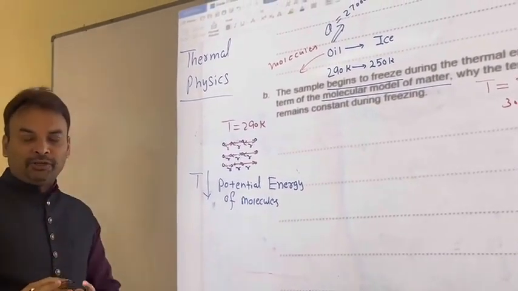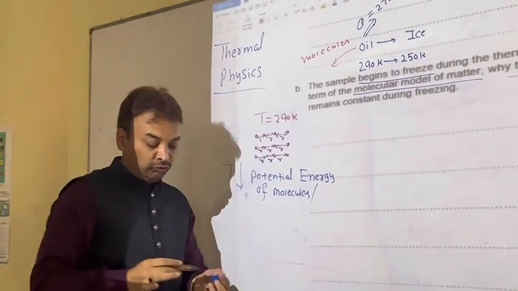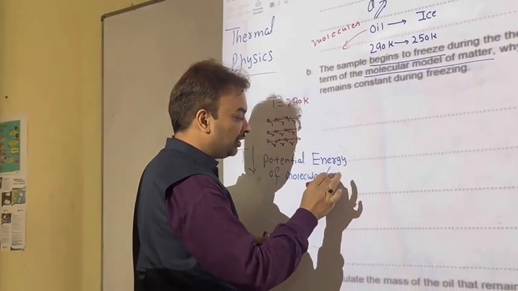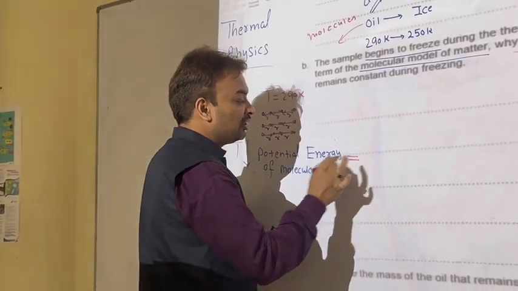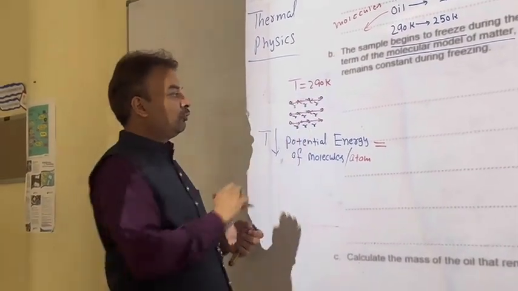If you want to explain in terms of molecules, you can say potential energy of molecules, or if you want to explain in terms of atoms, you can say potential energy of the atoms. Which formula will we use?